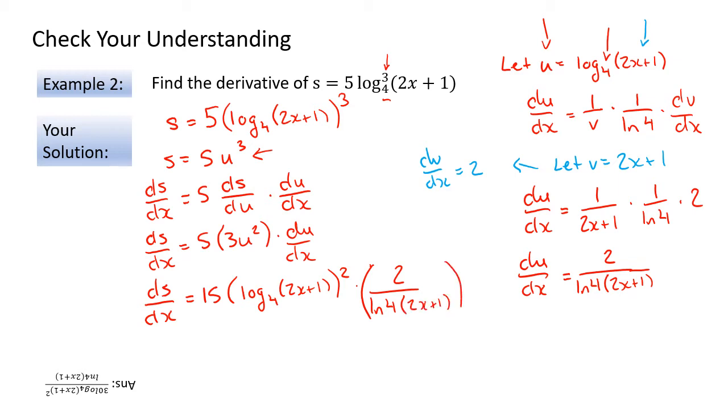Again, we can collect all of these terms together. Multiplying all the numerators together, we have 15 times 2 is 30 times the log of base 4 of 2x plus 1, squared, divided by the denominator. In this instance, there's only one term, so it's ln 4 times 2x plus 1.